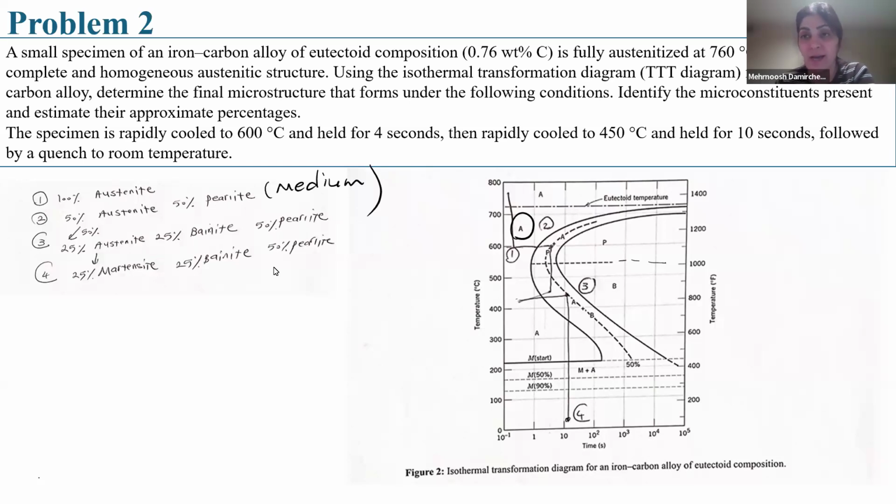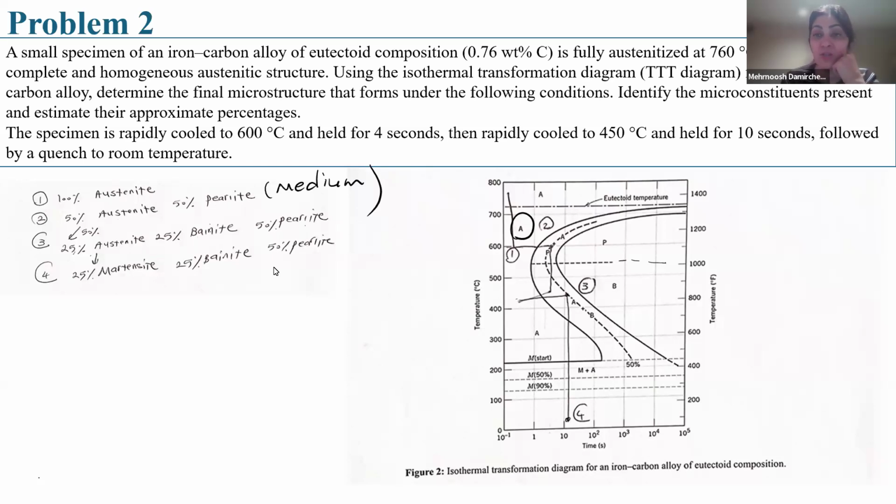Only austenite has the potential to convert to other phases, not pearlite, not bainite, nothing. So again, this dashed line is 50%. So 50% of 50%, or the remaining 50% austenite, means 25% converts to bainite, 25% remains austenite, and 50% pearlite.